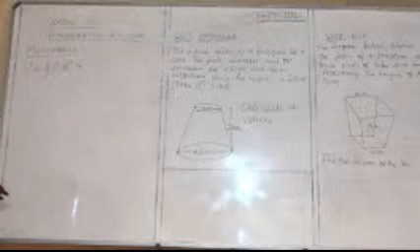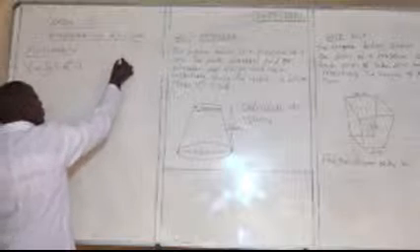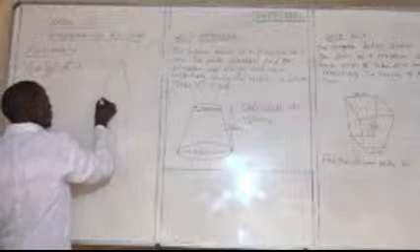So this is the volume for a cone. Now, if this cone has been cut, you have a cone like this one here. The full of this cone is this one here.